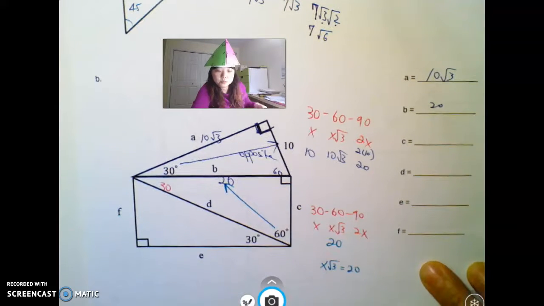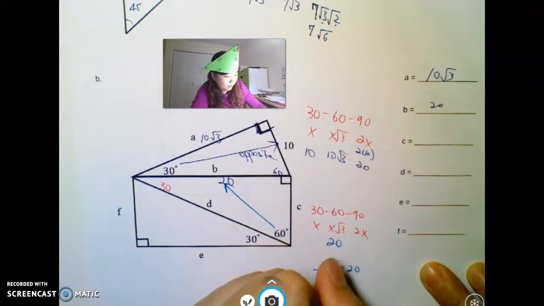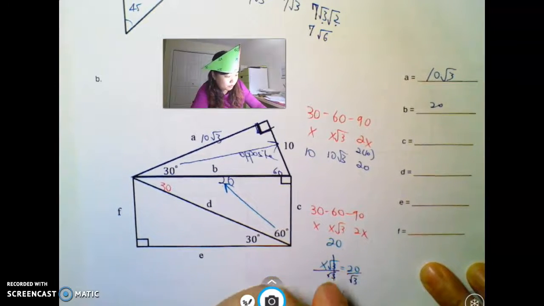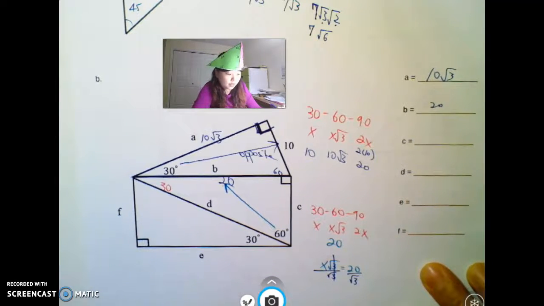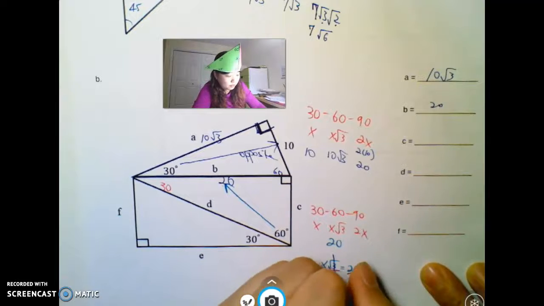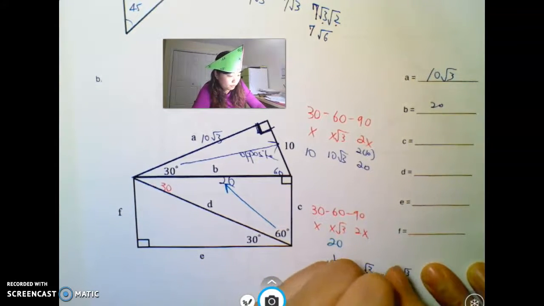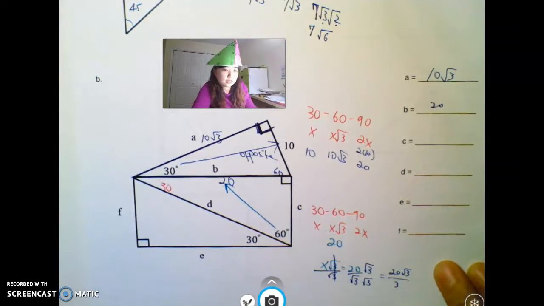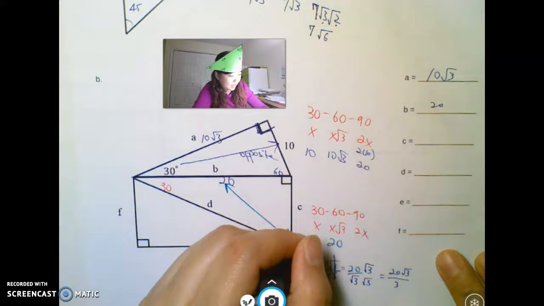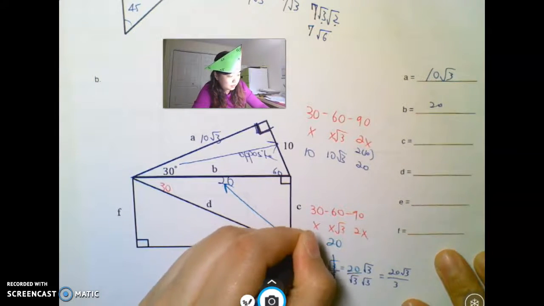We actually have to solve for x. Divide by square root of 3. Uh-oh, we cannot have square roots in the denominator, so multiply by square root of 3. So I got 20 root 3 over 3, and that is as simple as it gets. So that is x.